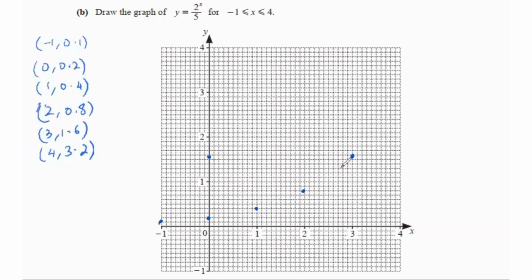And then lastly, at x equals 4, y is 3.2. That's going to be over here. So if we connect these dots now, it's going to be a little rough because I'm going to do it freehand. But this is your graph basically.